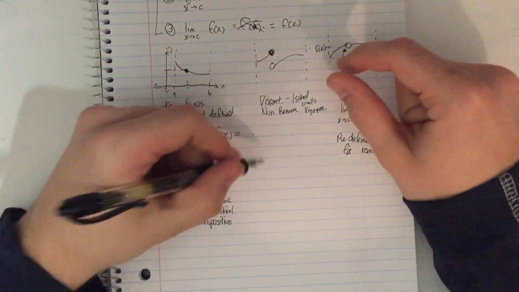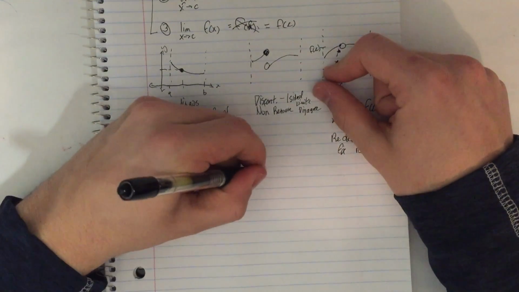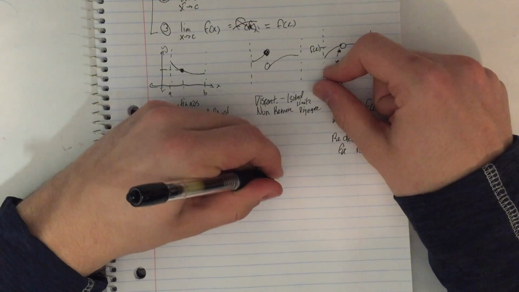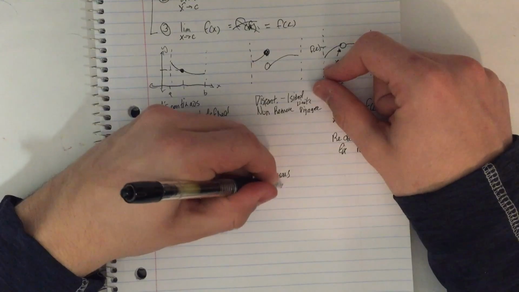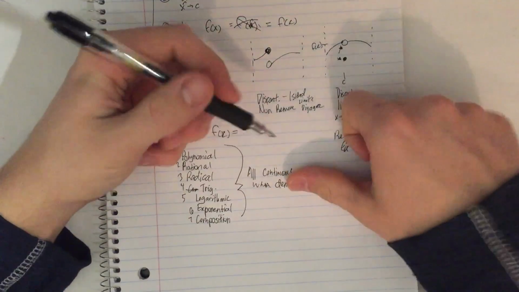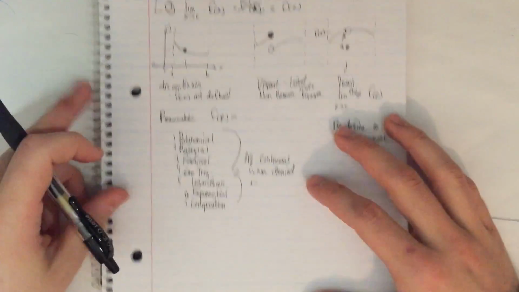There's 7 of them. These are important because they're all continuous when defined. So if they are defined, they are continuous. That's what's important about these 7.